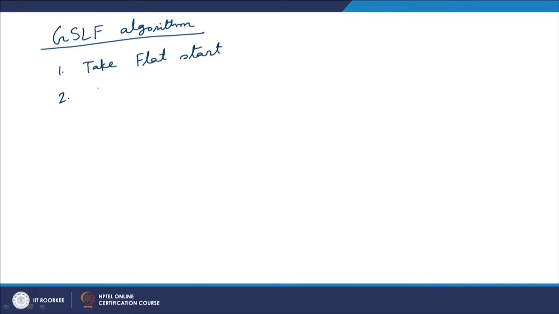And after that, we take the initial count k is equal to j is equal to 1. Now, here again we are discussing an n bus, M machine system.